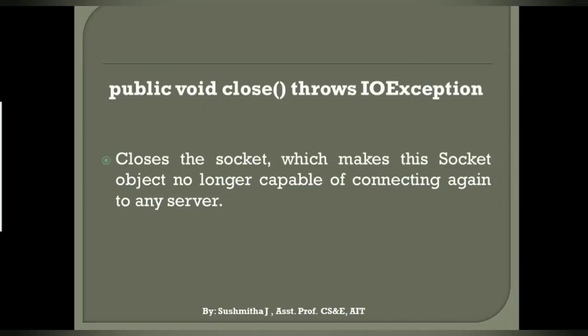The last one we have is close. As we have seen in the diagram, and when I told you about the 3 phases, we have to explicitly close the socket connection that was created. So we call the close API, which will close the socket. This explicitly discards the connection that was established between the client and the server.